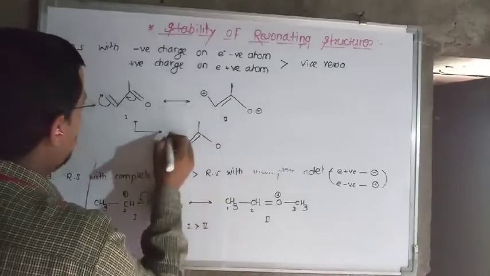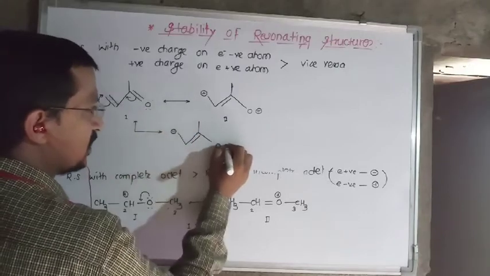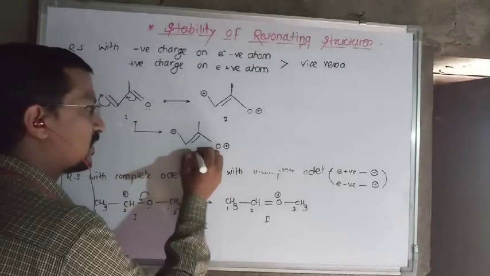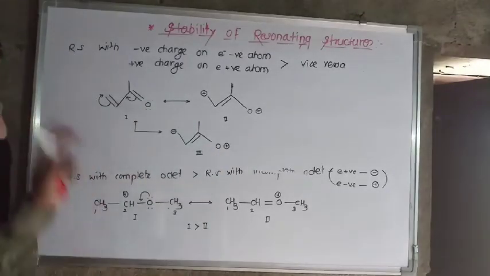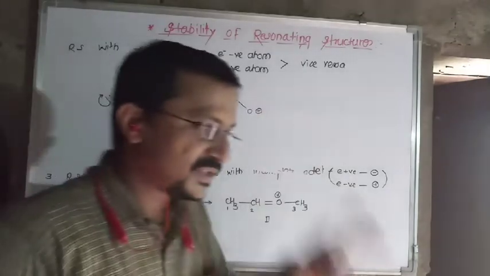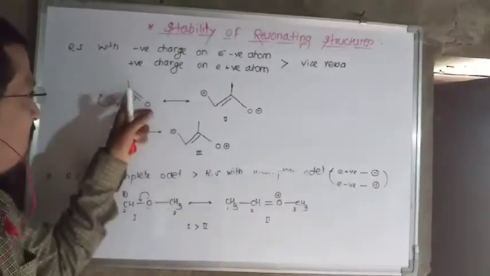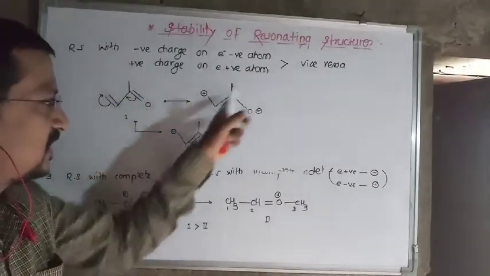Double bond is there. Here negative charge, and this oxygen now carries positive charge. This is the third structure. No doubt, our first condition is that neutral molecules are always more stable.